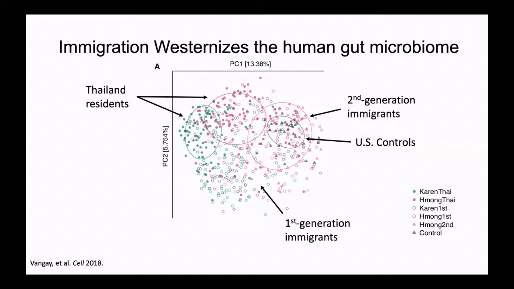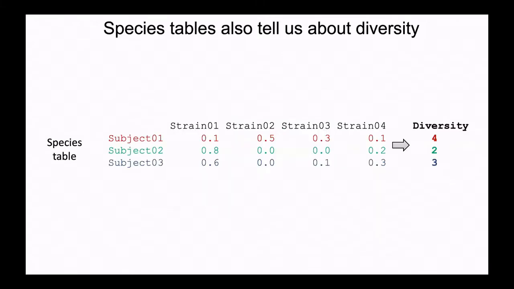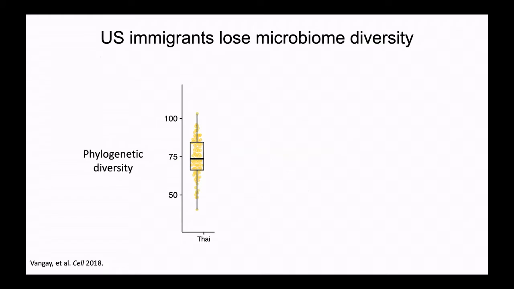Another thing we can do with this species table is estimate the diversity of each sample. How many species or how broadly they span the tree of life. So that's what I'm going to show you next. This is the phylogenetic diversity.